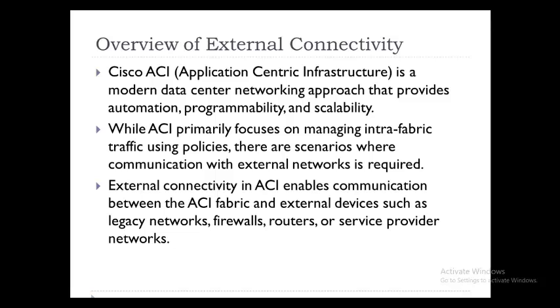Or you want to have a WAN connection, maybe MPLS, VPN. So you need to go to a router. Or there is a service provider network outside you want to communicate with. These are the examples or scenarios where we need external connectivity.